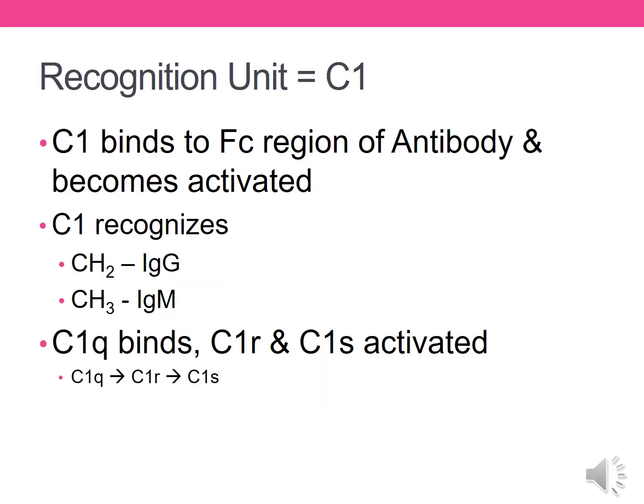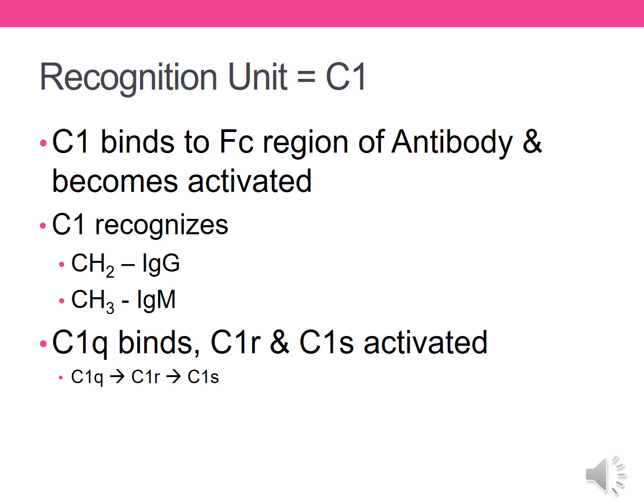So the first stage is the recognition unit. This recognition unit is made up of C1. C1 will bind to the Fc region of the antibody, and once it binds to this Fc region, it will become activated. Now C1 recognizes the CH2 region on IgG.